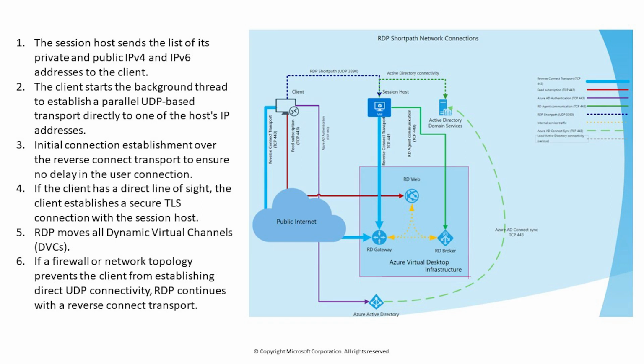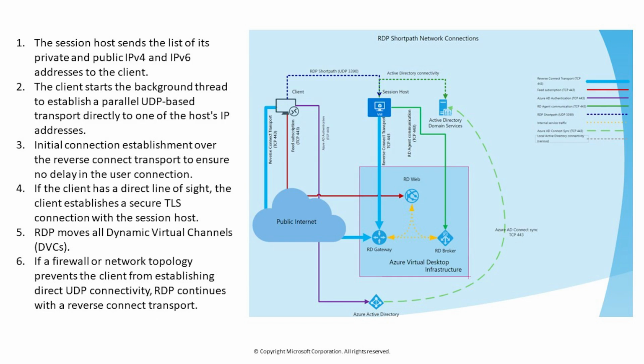Now let me give you some insight about RDP Short Path. RDP Short Path is one of the really good features of Azure Virtual Desktop. First of all, it establishes a direct UDP based transport between your RD clients, your remote desktop clients, and the session hosts which are residing in your host pools.